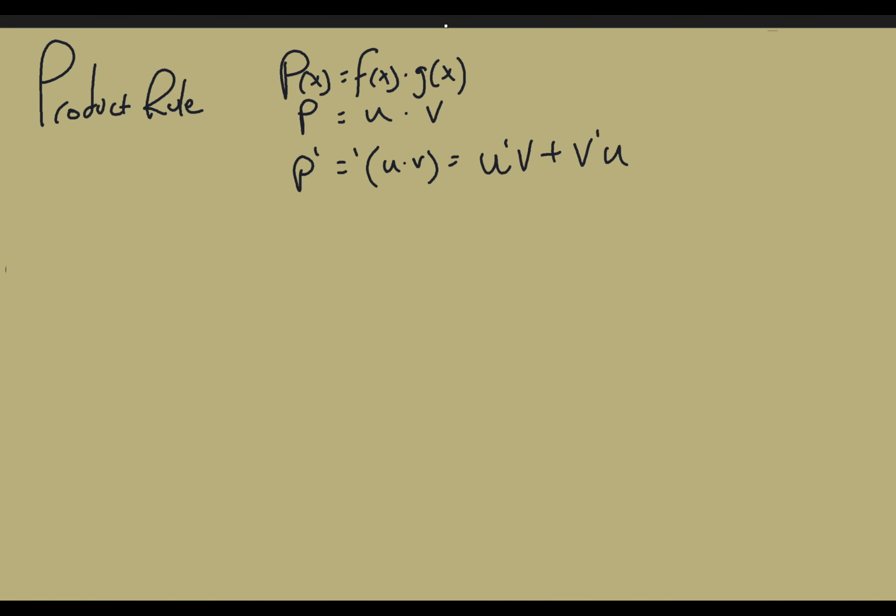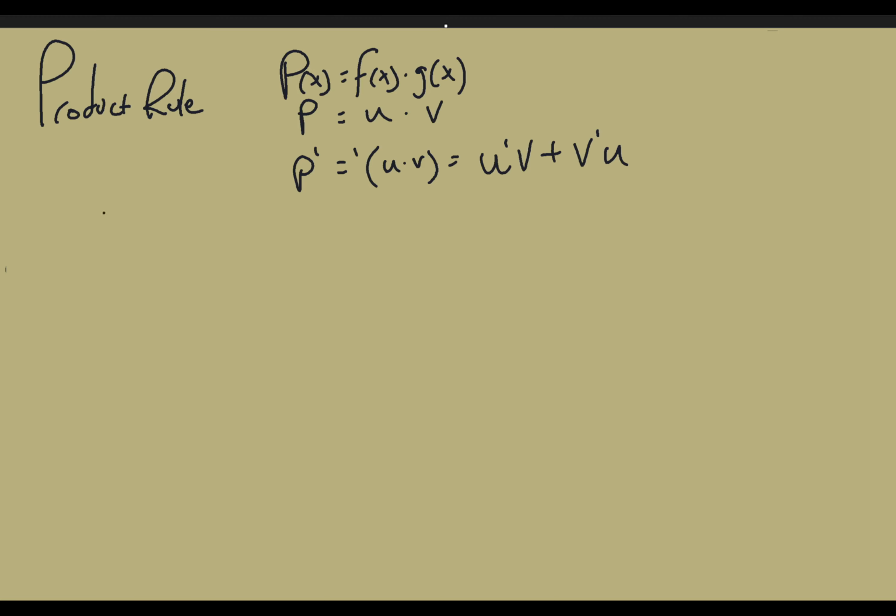For two multiplied items that are both dependent on x together, u prime v plus v prime u gives you the derivative.